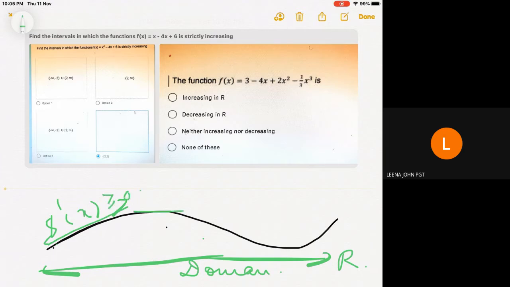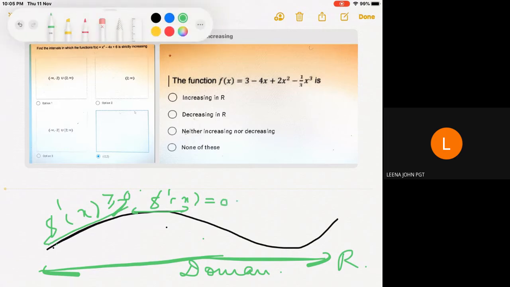And here you can see that the slope of the tangent is parallel to the x-axis, or f dash x equal to 0.